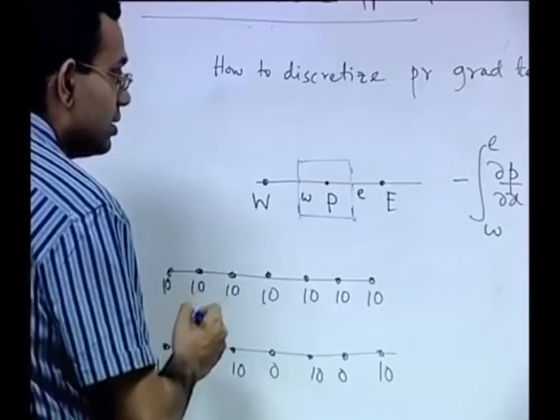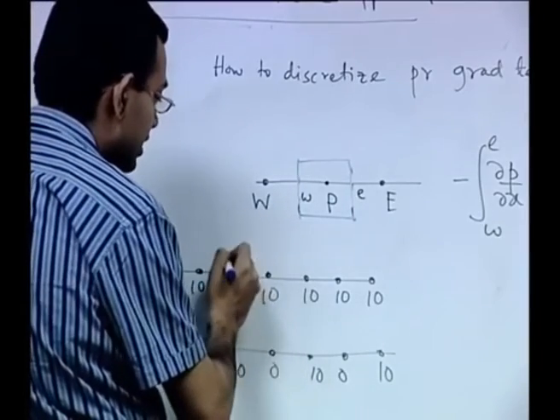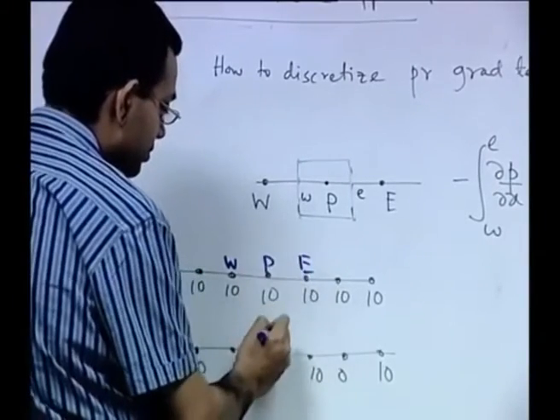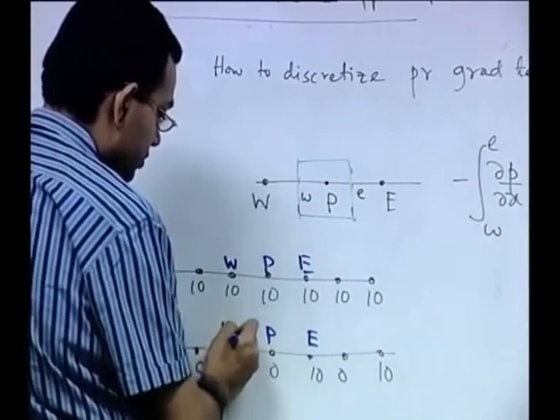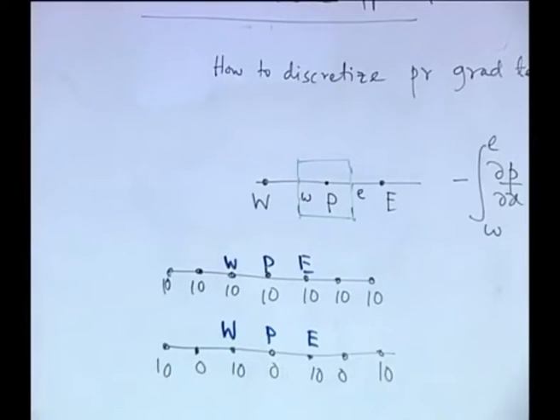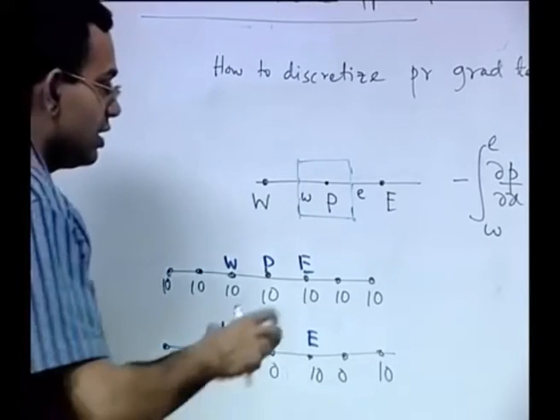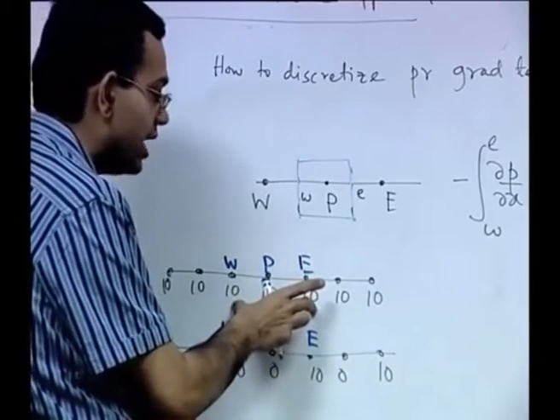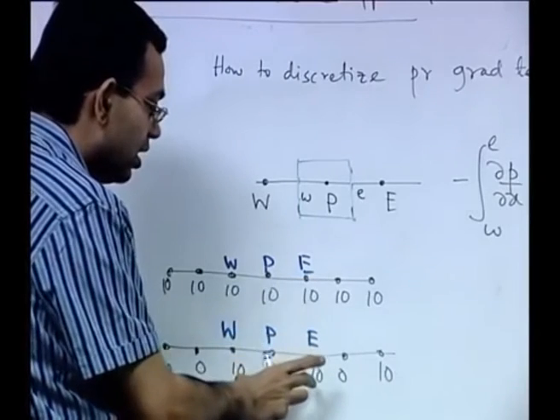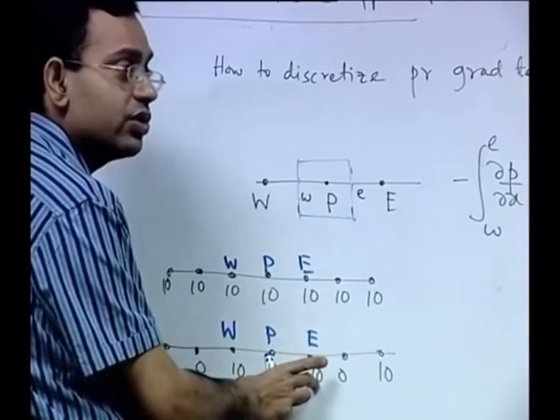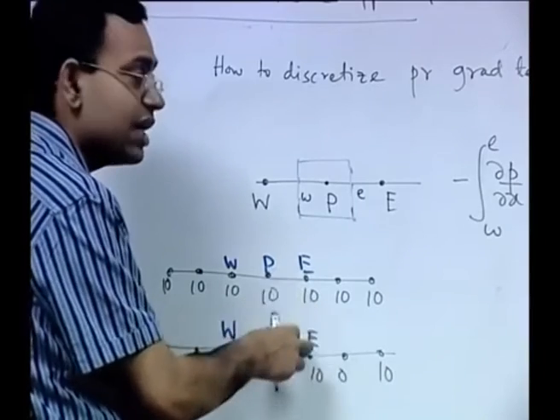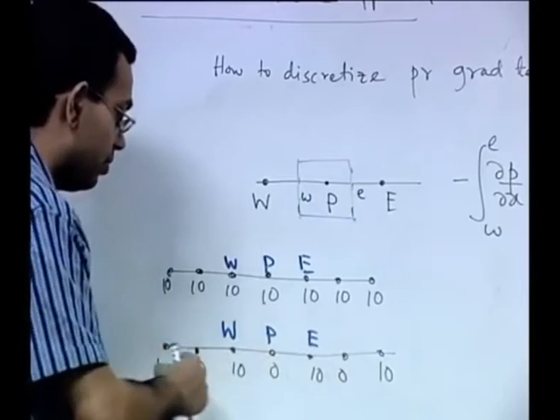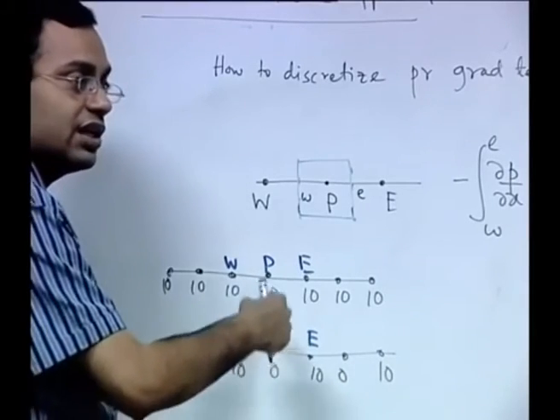If you consider this as W, this as E and this as P, the body force term here is given by Pw minus Pe, so that is 10 minus 10, 0. Here also it is given by Pw minus Pe, so it is 0, but these two cases are not physically the same. Here you have a wavy type of pressure field where the pressure alternates between 0 and 10 like that.